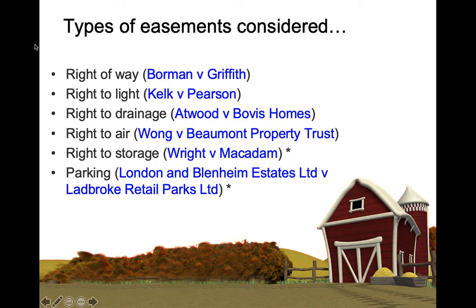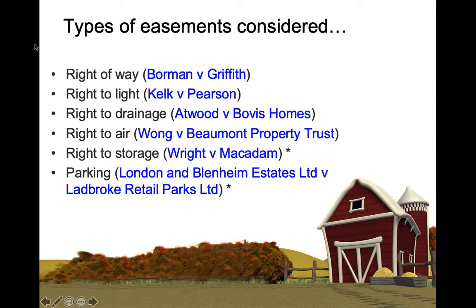So you've got a list there of cases where other easements have been recognised: right of way, a right to light, right to drainage, right to air, a right to store something, and the ability to park. All of these have been easements that have been previously considered and are very well established. Other things like tennis courts and saunas, etc., are such weird new anomalies that I would not put them into a registered land problem question anyway. They might have gone into an easements assessment, but that's not what you're facing.